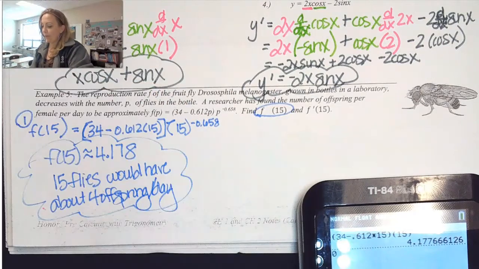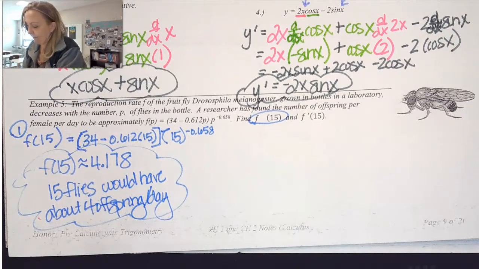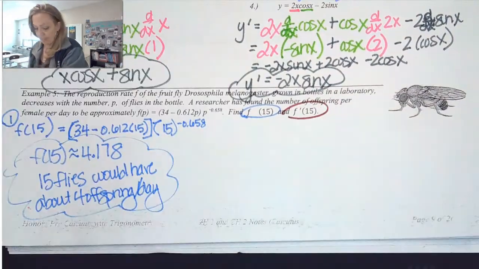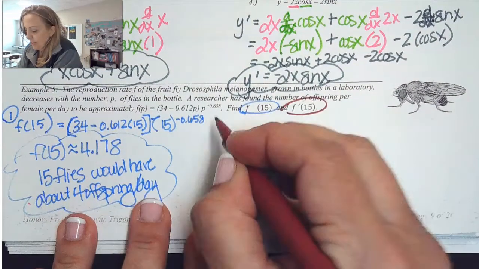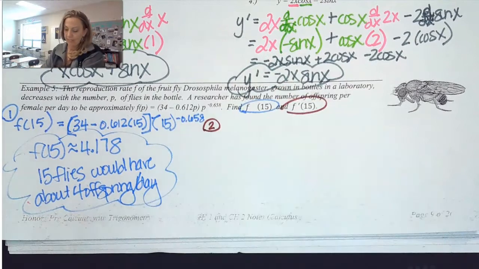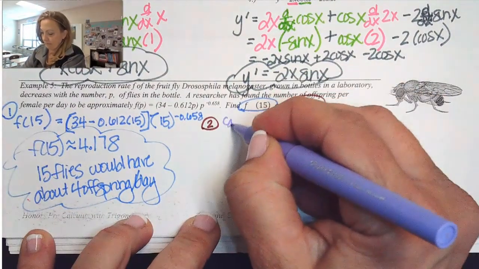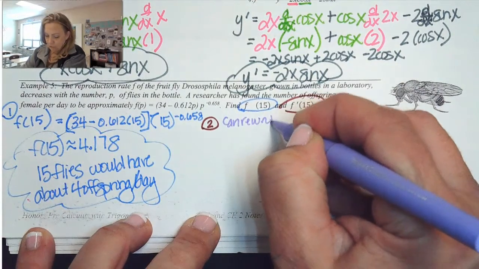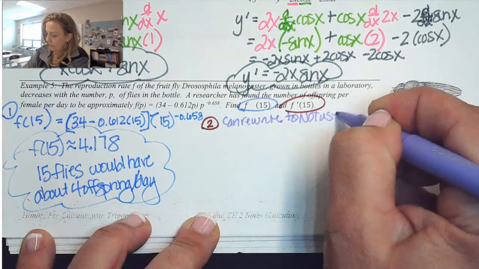Well, the second thing we want to do is actually find f prime of 15. And to find f prime of 15, I'll do that in this color here. We could use the product rule, but notice that one thing you can do is that you can rewrite it to not use the product rule.